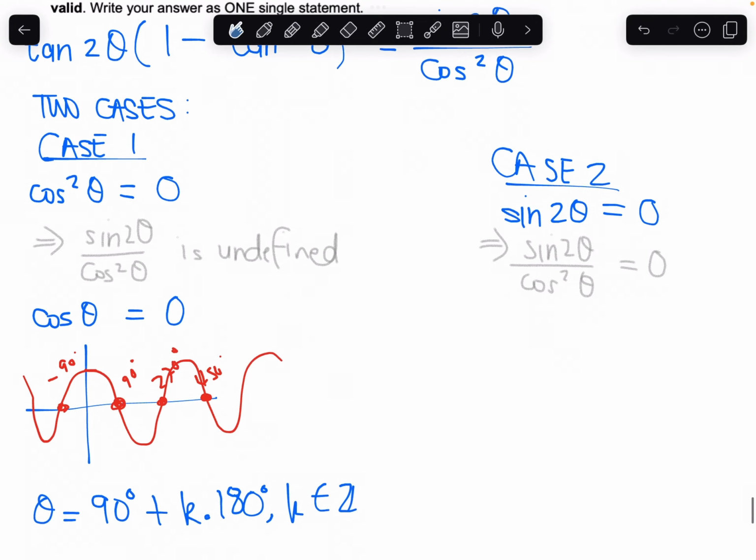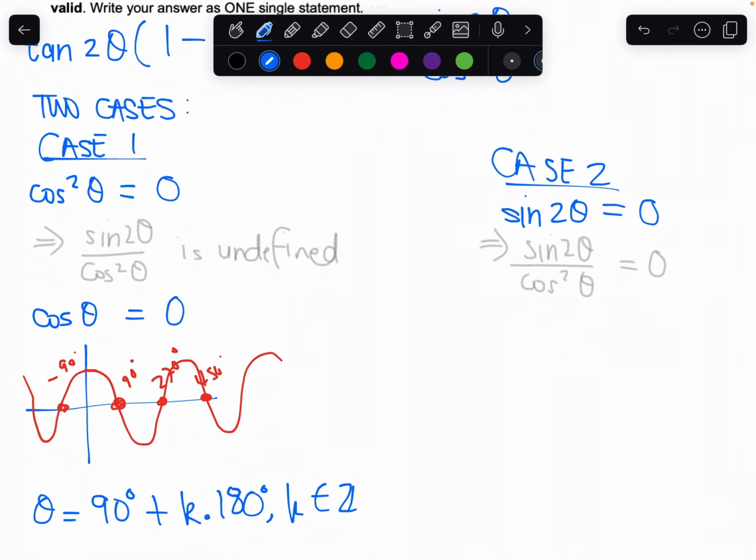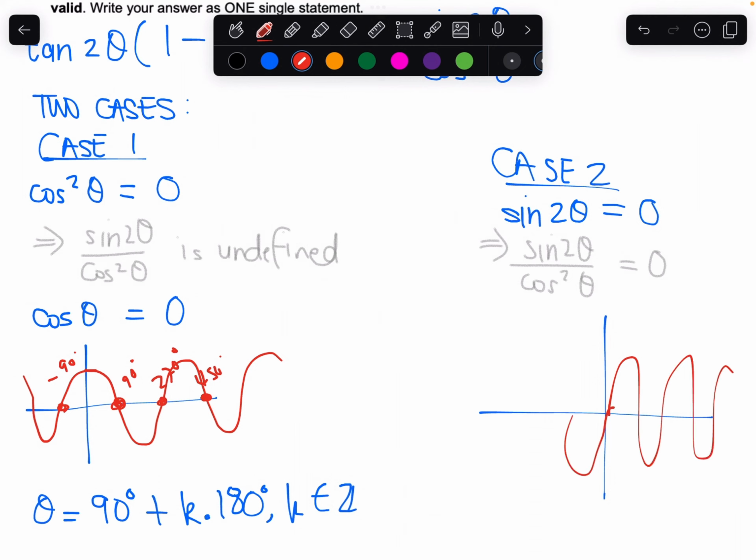Right, so the second case we're looking at is where sine 2 theta is equal to 0. So sine 2 theta, this 2 is causing our sine theta graph to compress horizontally, right? So it's going to look like this. Wow, that is a very character-filled sine graph.